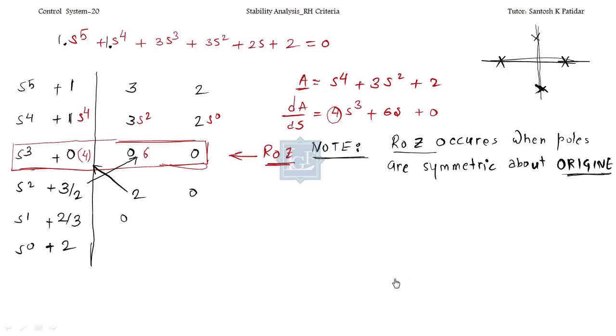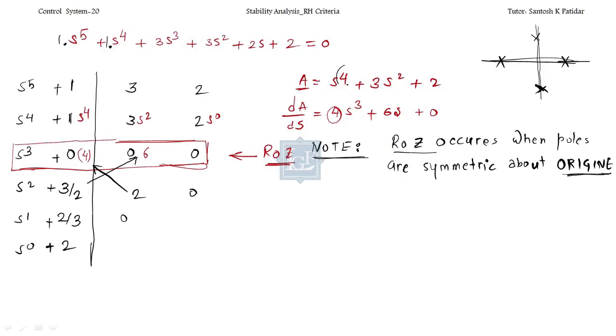Okay. So how many poles do you have? You have a total of five roots. So how many are symmetric about the origin? How will we decide this? This will be decided by the order of the auxiliary equation. Wait a minute, let me take the pen over here.